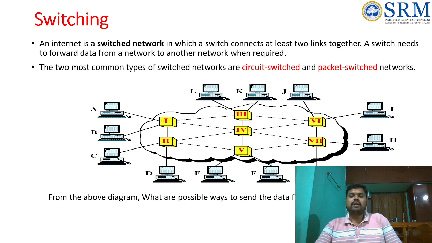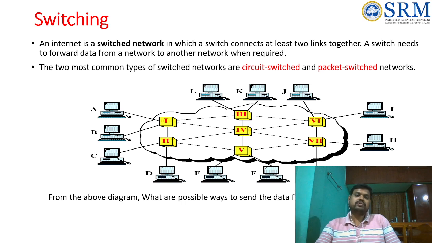If you turn on a switch, the data will be forwarded from one network to another network when required, similar to the switches in our home. If you turn on the switch, the fan or the light will turn on. If you turn it off, the current flow will stop, so that the light or fan will automatically cut off, right?